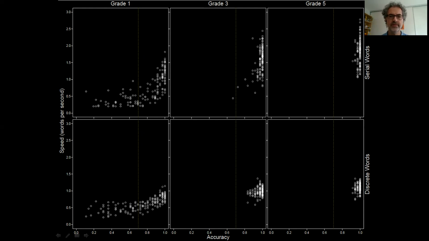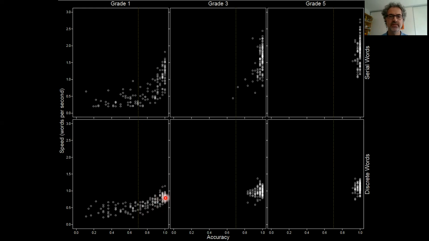So the important pattern to look at here is in first grade, children who are not yet very accurate, so below 80% accurate or so. They are also slow, so none of these children are fast. Children who are more accurate than 80% are increasingly faster, so those who are most accurate are also the fastest, up here.